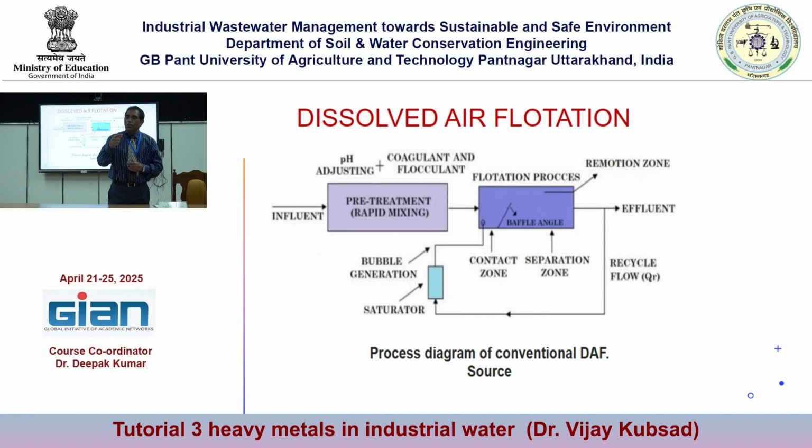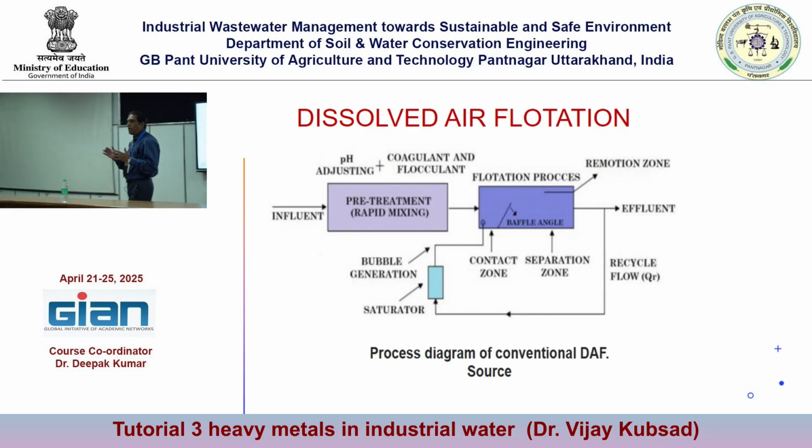How will you treat it? Once the total suspended solids are removed, then you will pass it through DAP and then discharge. Bring it to a certain level, right? Then make it compatible with what the plant is designed for. So here, pre-treatment, rapid mixing, you will remove particles, and the effluent is recycled, and you put oxygen here so that the organic compounds present in the wastewater are reduced.